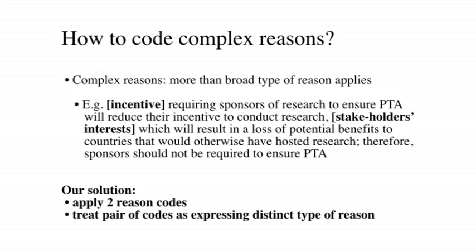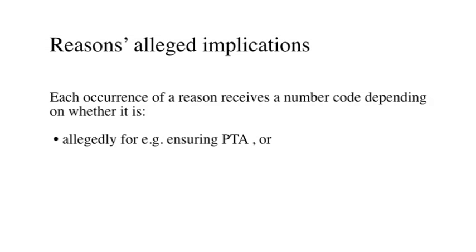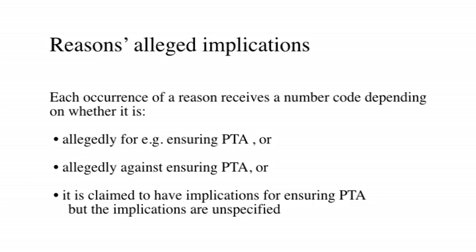If the review counts the number of types of reason, and this is an issue to which I return later, it must explain that some types of reason occur both independently and as part of a complex reason. Authors may differ in the implications that they think a reason has for whether participants should or need not be ensured post-trial access. This is an important fact about how reasons are used that the analysis needs to capture.